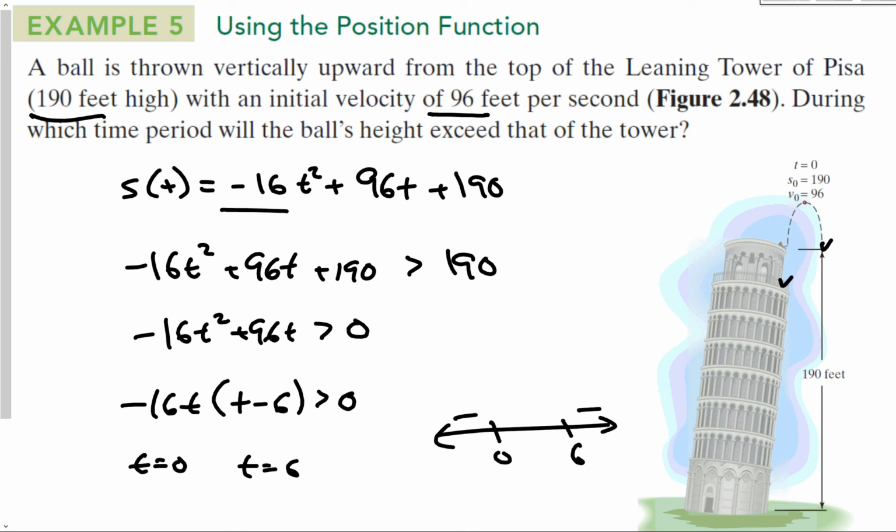This side right here goes down, which means that, as you can see from the picture, it's only above the top of the tower from 0 to 6 seconds. So we would write that as, and it is greater than, so my answer would be from 0 to 6.